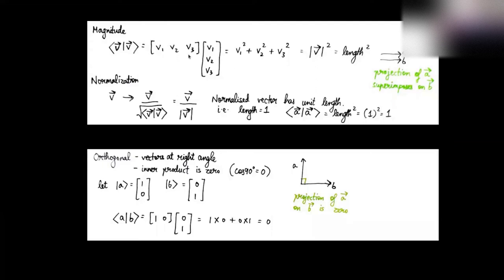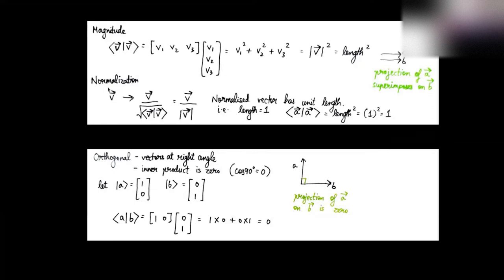So continuing on the concept before, if the A and B vectors are the same, then the projection of A on B will be the superposition of it, like we just saw. So we will get length squared. And this is how we can find the magnitude of a state vector.